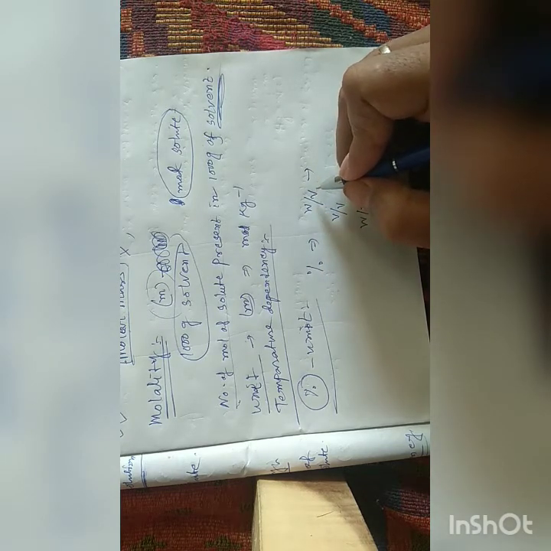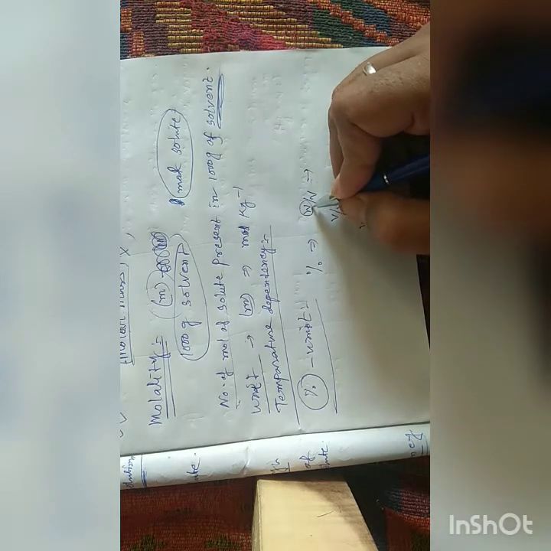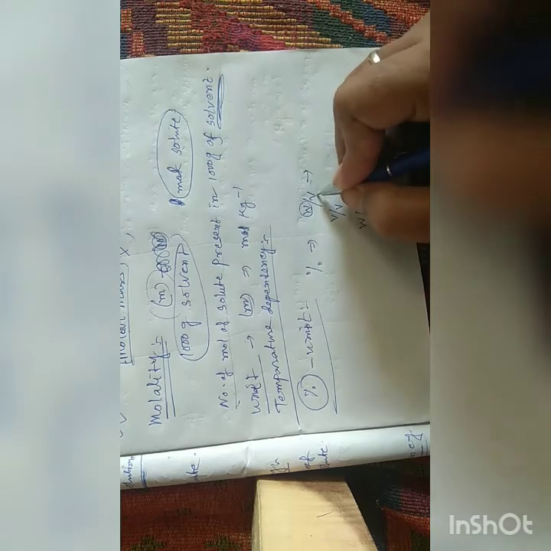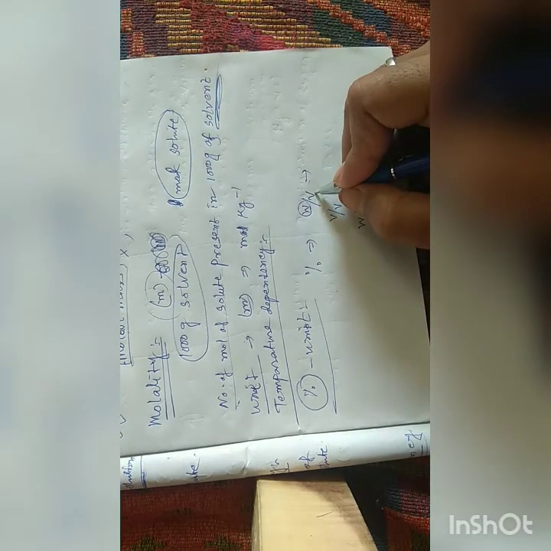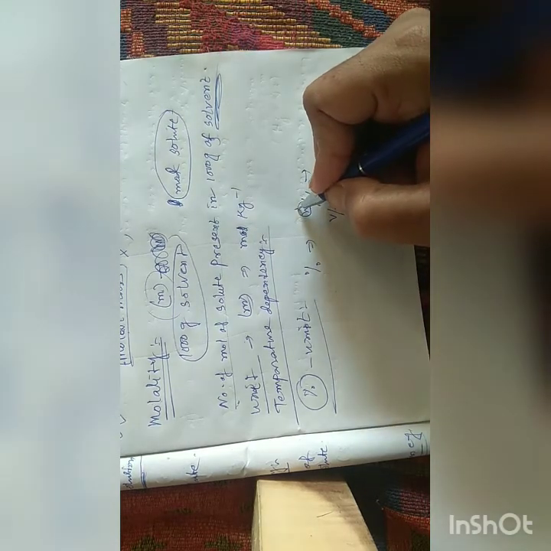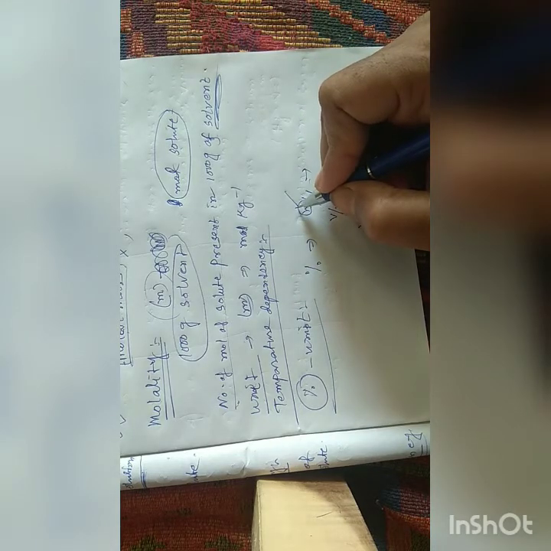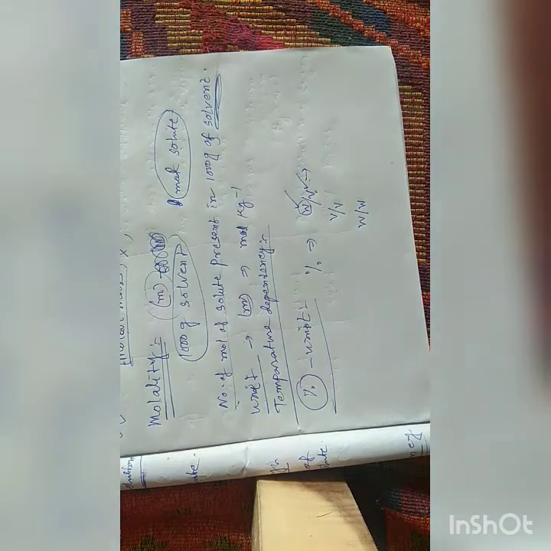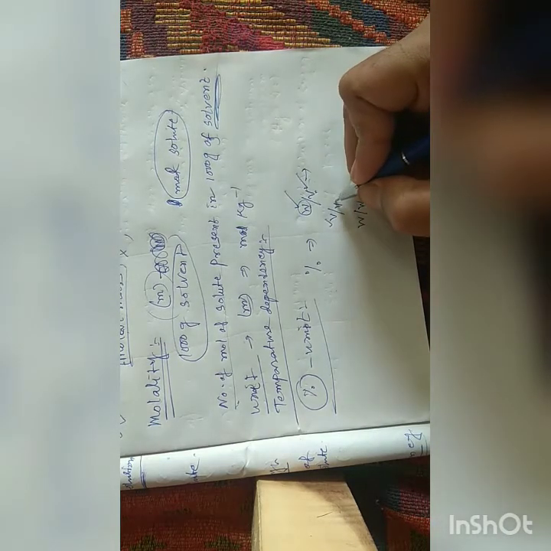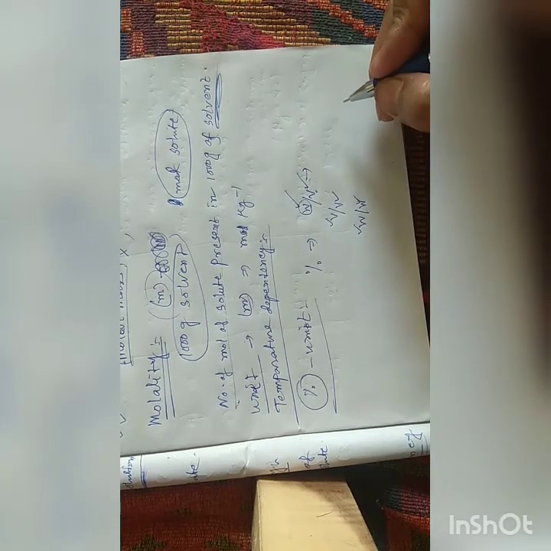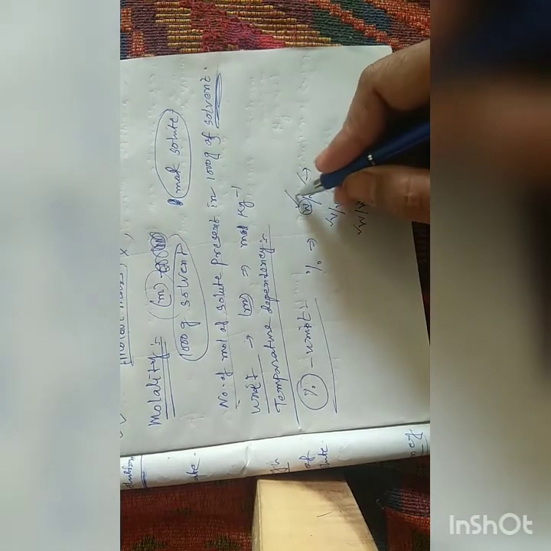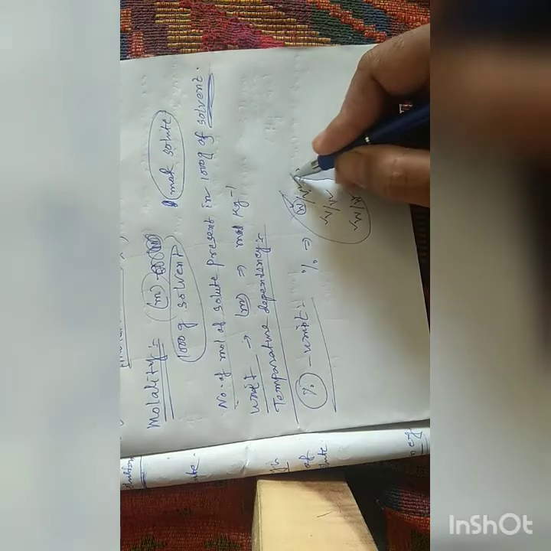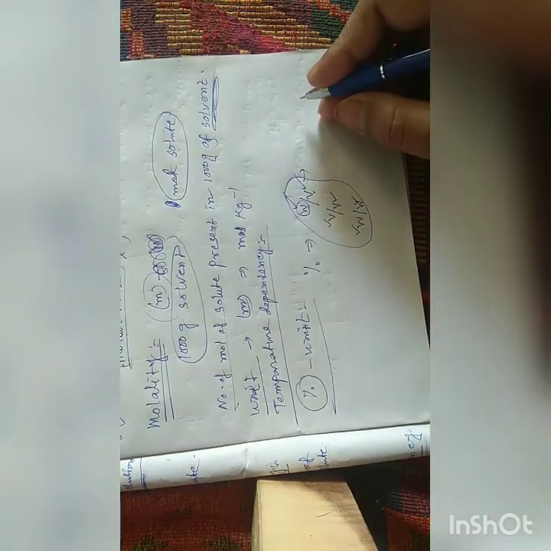Per 100 ml of solution, W by V means solute is expressed in weight and solvent in volume. V by V means both are expressed in volume, and W by W means both are expressed in weight.